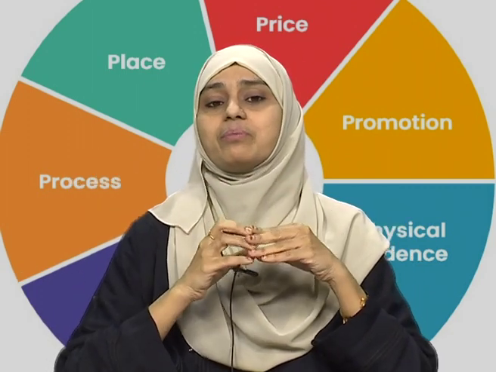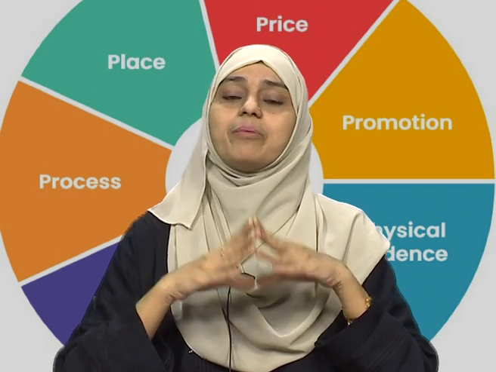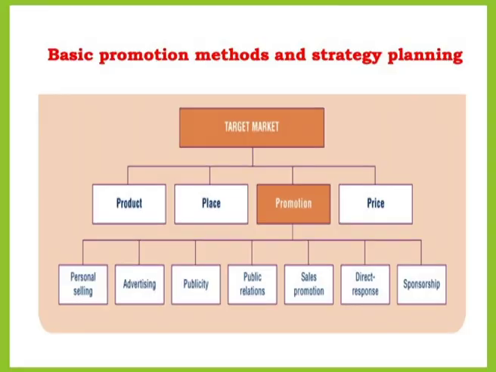Now, how do you promote? You can promote by adopting various promotion methods. You can promote through something called advertising. All these methods we will discuss in detail shortly. One method of promotion is called advertising. These are all a part of the promotion mix. Like how you have the marketing mix, four P's, in the same way you have the promotion mix, where we basically have five elements. The first element is advertising.